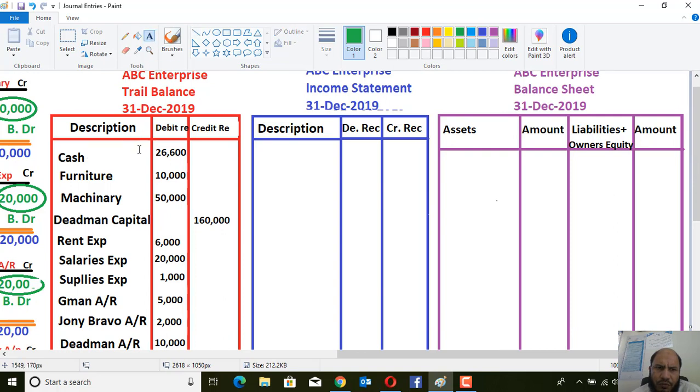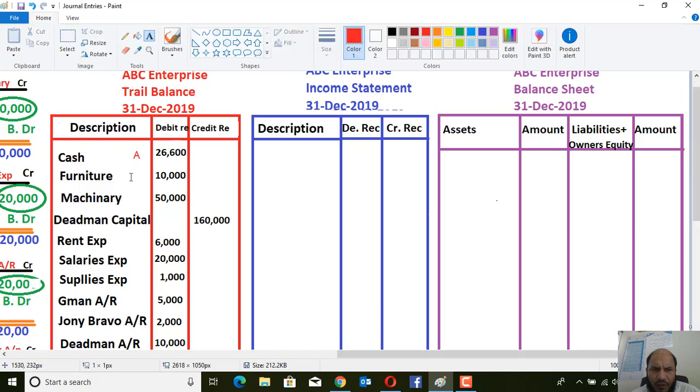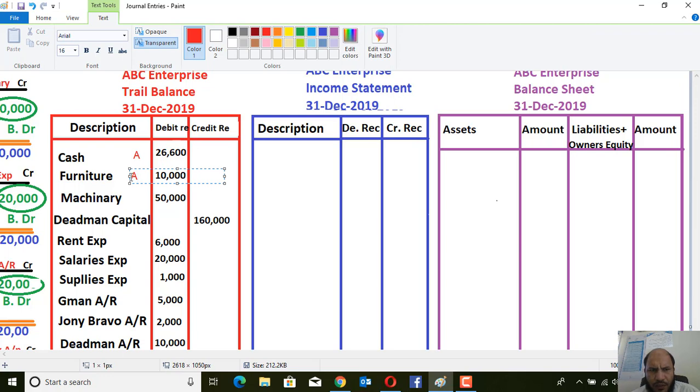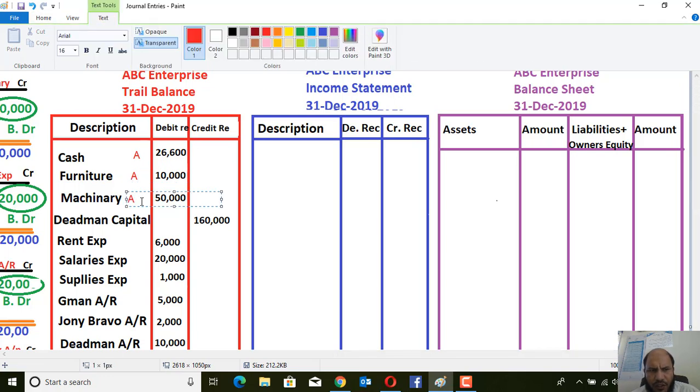Dear students, what is the cash? Cash is an asset account. So see, it is an asset account. So I will write down A. Furniture is also an asset account. So I will write down over here A. Machinery is also an asset account. So it is A. Deedman capital is an owner equity account.